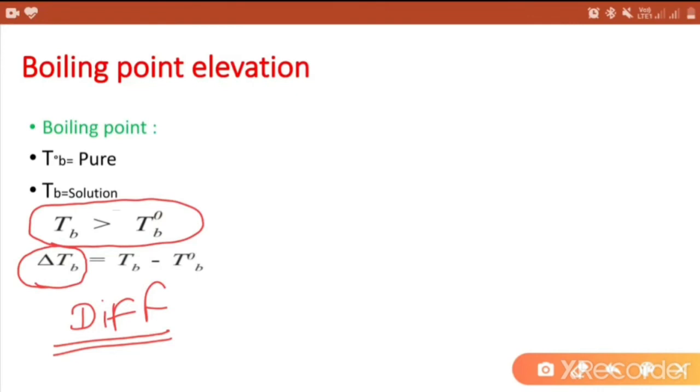The difference between the boiling point of solution and the pure solvent at any given constant pressure is called boiling point elevation. So this is the equation which shows elevation of boiling point.